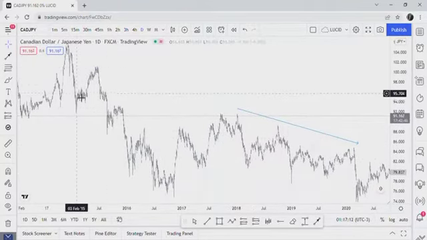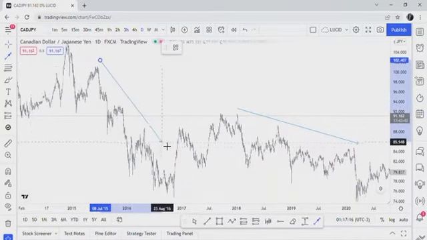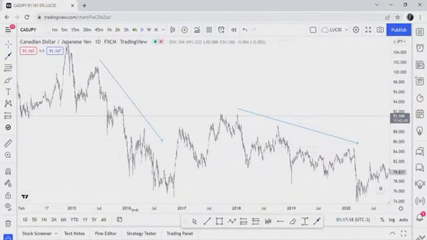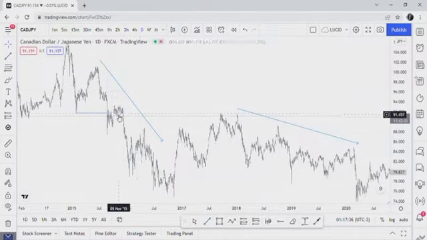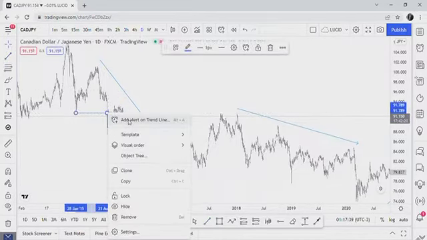We had a downtrend here, right? Lower highs and lower lows, and then suddenly a shift in market structure, continuation. So in a downtrend, supply holds, demand breaks, right?